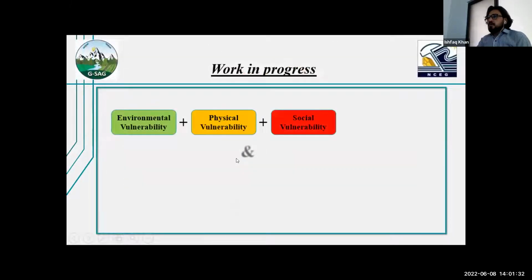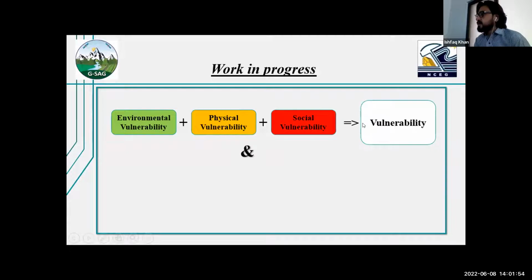Okay. What I'm going to do now is to summarize the environmental vulnerability, physical vulnerability, and social vulnerability. As I discussed at the very start in the vulnerability slide, vulnerability has different types like social, physical, and environmental.